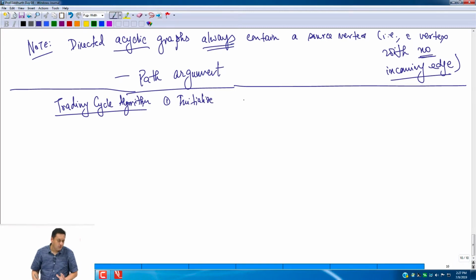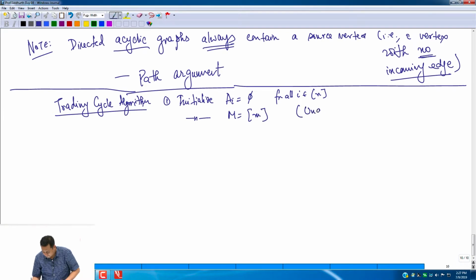So again, what I'm going to do now is pretty much what we have discussed so far. I'll just write down the entire pseudocode for completeness, so it's there in black and white. So I start with the empty partial allocation, everyone gets nothing, and I'll also keep track of the goods that are unassigned.